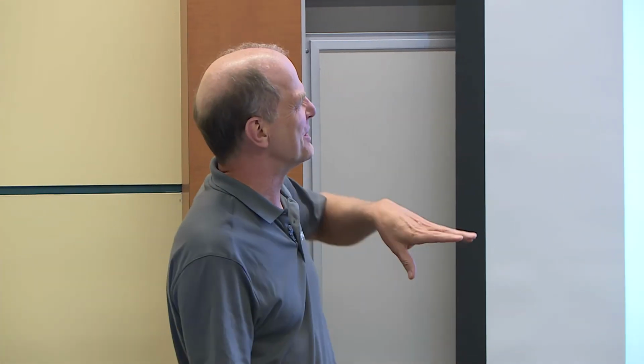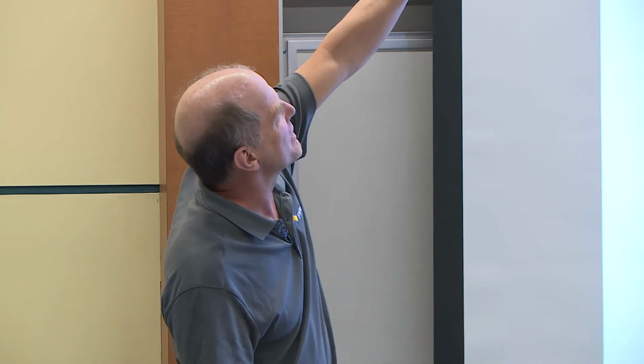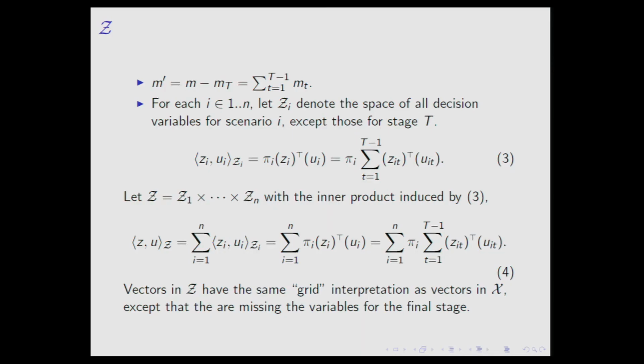So non-anticipativity is very important to enforce. And so we have this operator to take our decisions and kind of ignore the final stage because it's special. But that's all, this is data processing to do that. But we're starting to get into land where you might be familiar. These Z's are going to be kind of what you think they might be.